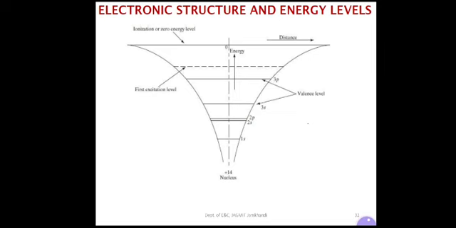So we can use the Schrodinger wave equation. If we solve the Schrodinger wave equation for the Si atom, we can get the radial and angular dependence of the wave function or orbital of the electrons.